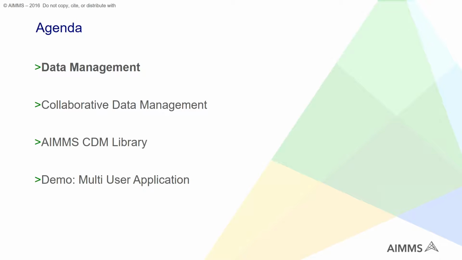Then we'll take a little bit further look into the library itself and look at how it should be initially set up and what its main procedures and actions are. And then we'll end on a demo showing the functionalities of the collaborative data management library by demoing a multi-user application where we have two sessions and we can see the data changes coming from both sessions.